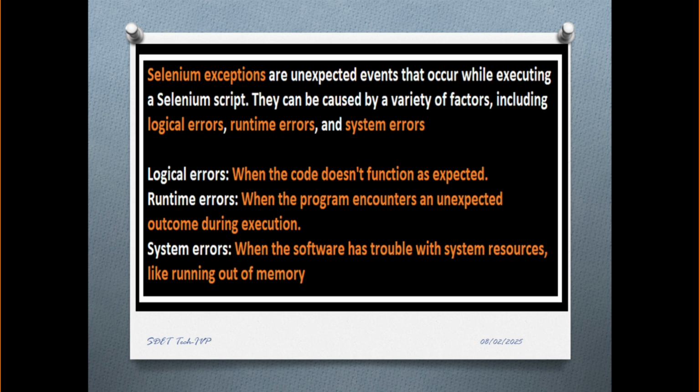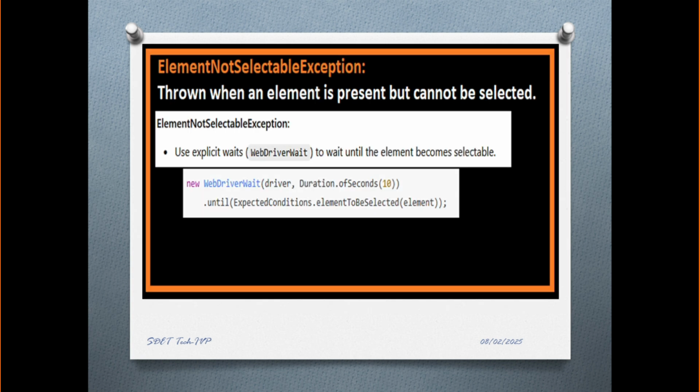Okay, so let's start with what type of exceptions we are facing. The first one is element not selectable exception. In this type of exception, the element is present but cannot be selected. Suppose you have a drop down, and the drop down is taking 13 seconds and you have provided a duration of 10 seconds.